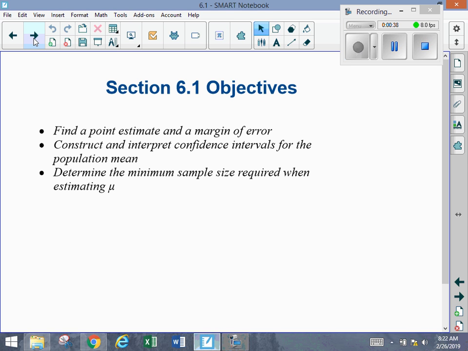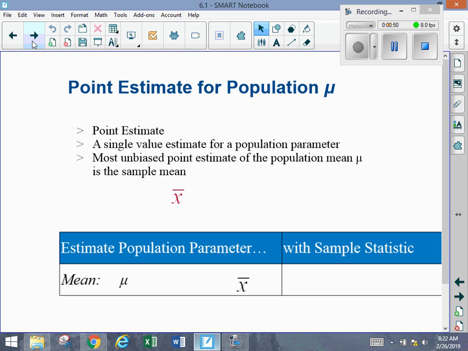Okay? So over the course of this particular lesson, we're going to be able to do all of these things. So a point estimate is a value that estimates a population parameter. If I wanted to know the average height of all the students here at Cleveland, then I could get a representative sample of maybe 40 students, right?